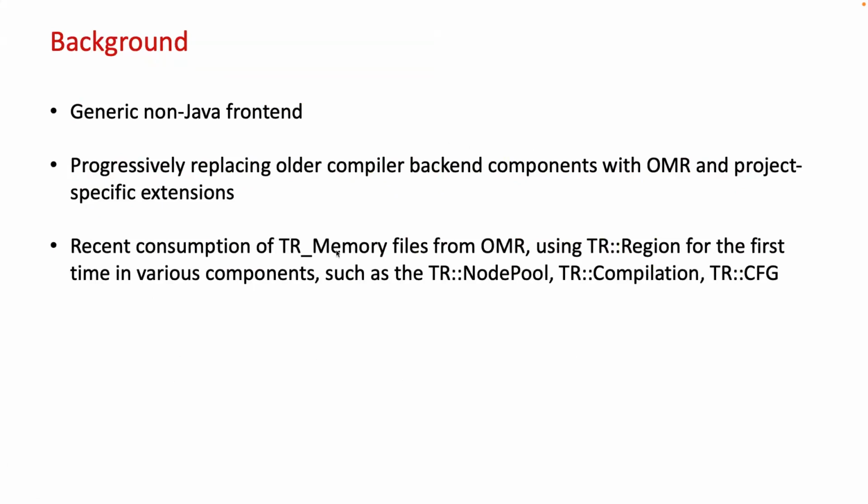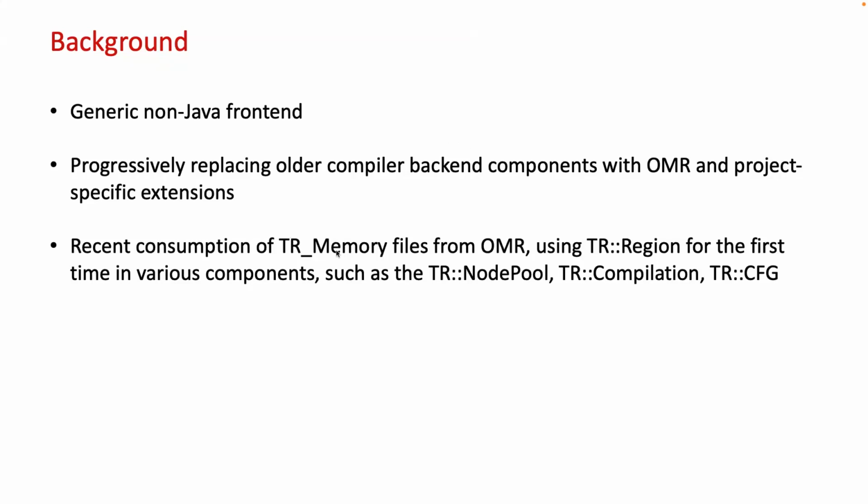It's actually built on an earlier version of some of the same code that OMR originally came from. So what we've been doing is progressively replacing older compiler backend components that we originally had in our project with OMR code, and of course with our project-specific extensions where we need them.